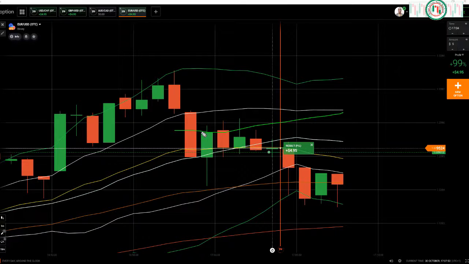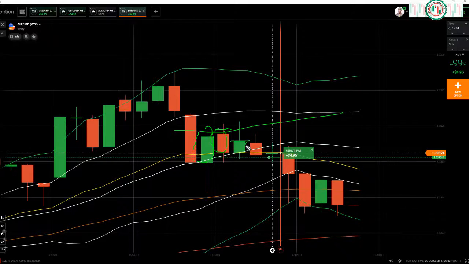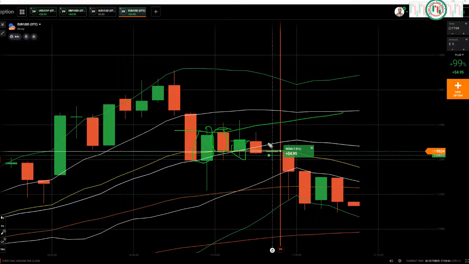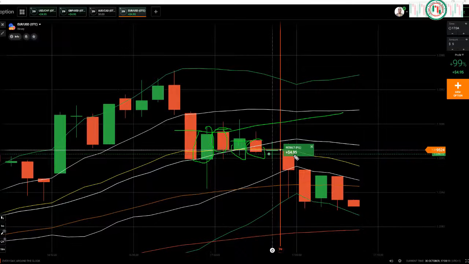You see here is a pencil line pattern and it didn't work. Here this candle is a dark cloud cover with this candle, didn't work. This is a pencil line pattern, didn't work. So that's why I place my trade call option at this level.